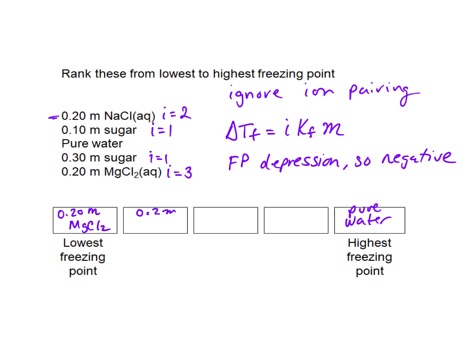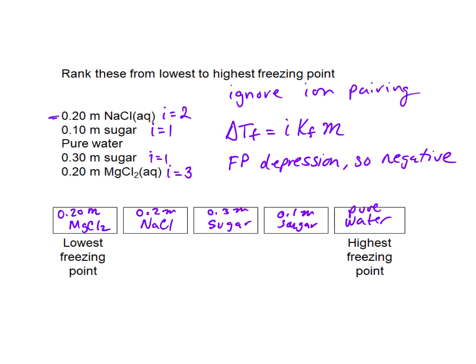Then our 0.3 molal sugar solution. Again, i is 1, multiply i by the 0.3 molal concentration. Which leaves our 0.1 molal sugar for the last slot.